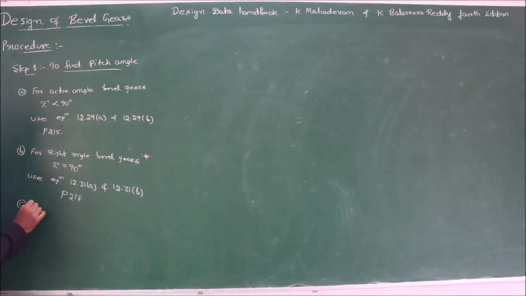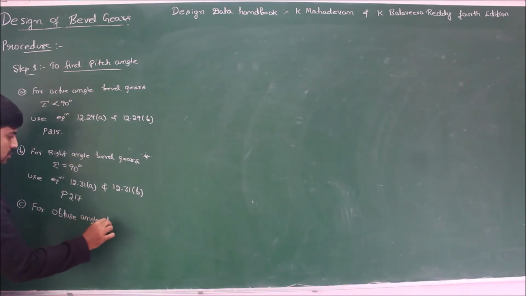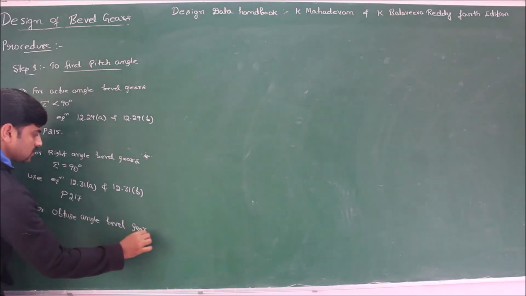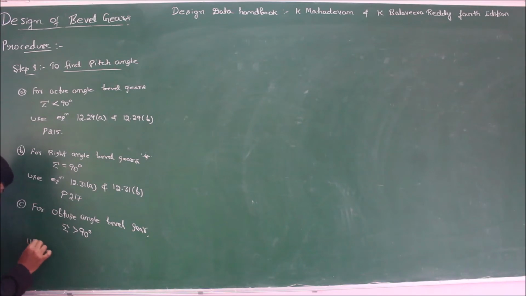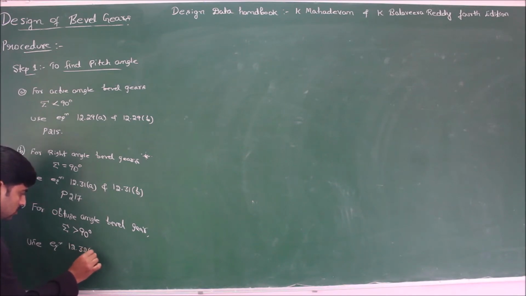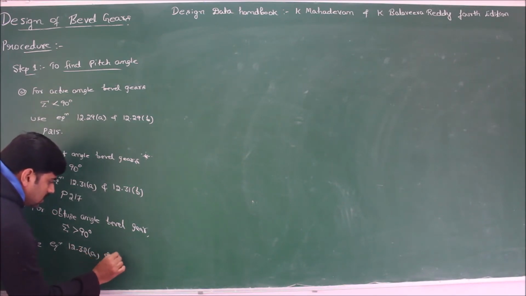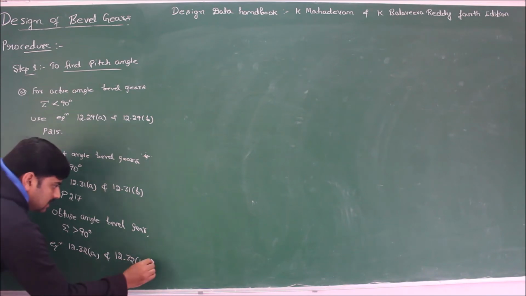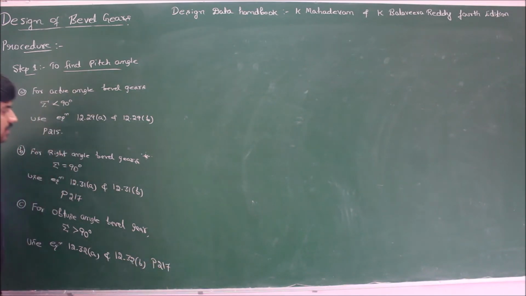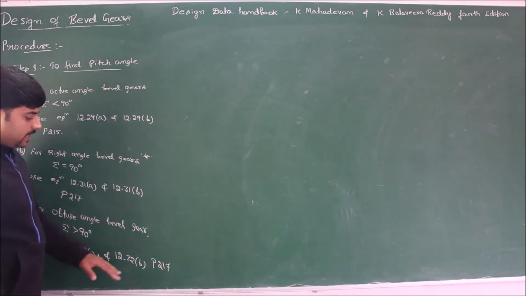Or else if the problem is on obtuse angle bevel gear, that is if the shaft angle is given as greater than 90 degrees in the question, then you should use equations 12.32a and 12.32b, which are present in the same page number 217, to find the pitch angle of pinion and pitch angle of gear.